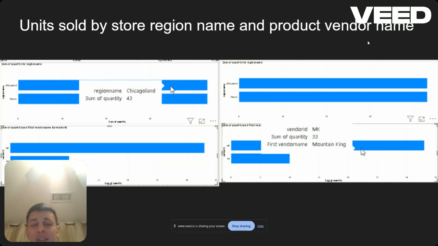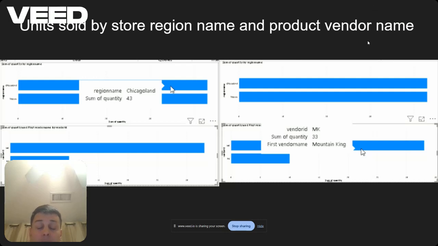And what that tells me is that the Mountain King vendor is more prone to having more success regardless of region, and the Pacific Gear vendor is likely to be less successful than the Mountain King vendor regardless of region. Because as you can see, both regions sold the same number of units.